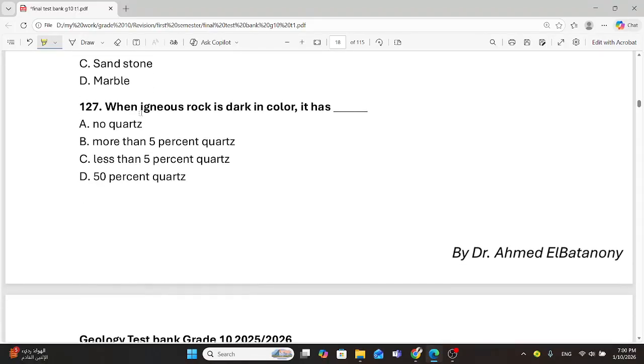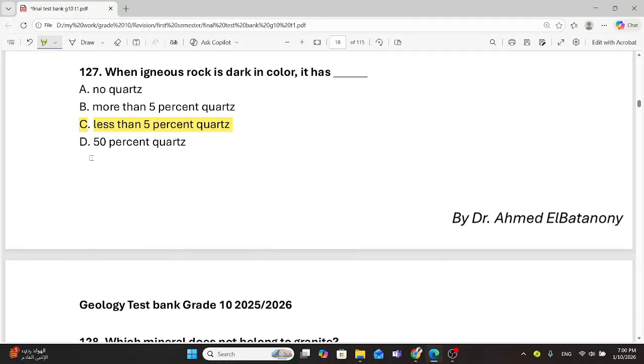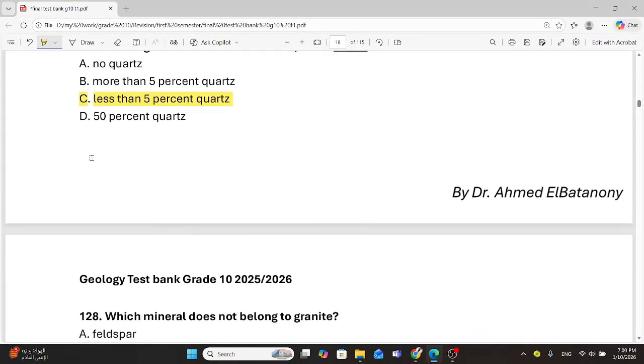When igneous rock is dark in color, it has less than 5% quartz.